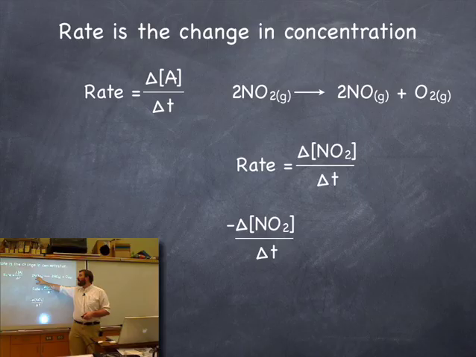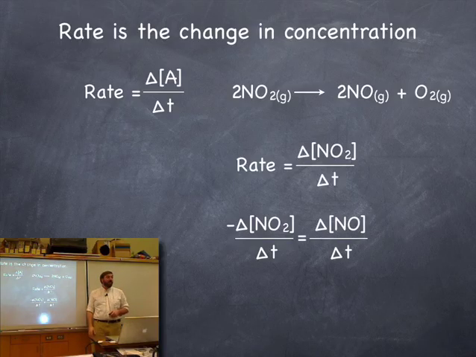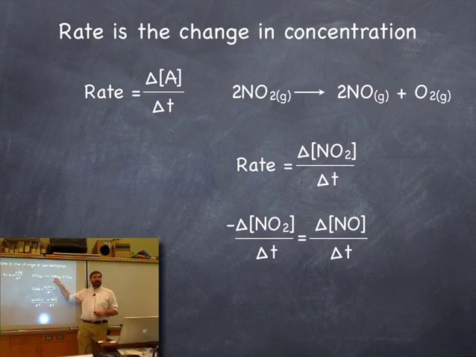So for every one NO2, I will make one NO. So the rate of change in terms of NO will be the same number, but opposite in sign, because I'm producing NO. So I can relate the rate in terms of one compound to the rate in terms of another one by looking at the balanced chemical equation.